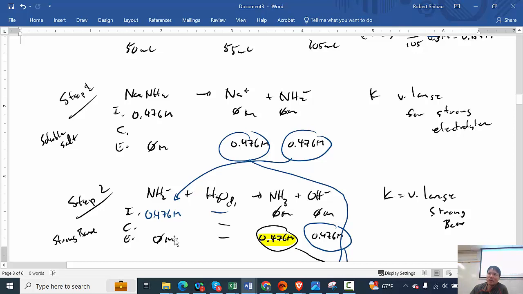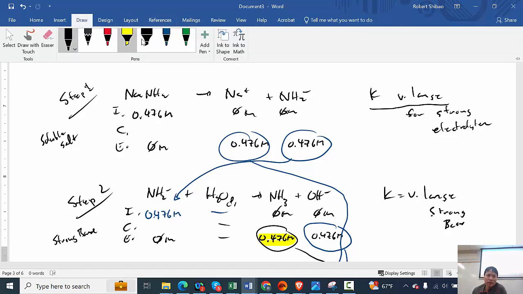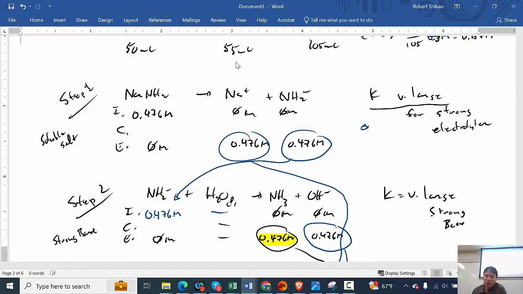Is that going to screw up step 1? There was a significant change in going from step 1 to step 2. Does that screw up step 1's equilibrium? You'd think so, but when we have a K that's very large, we call this a one-way reaction. And so it can only go one way. This is one way.